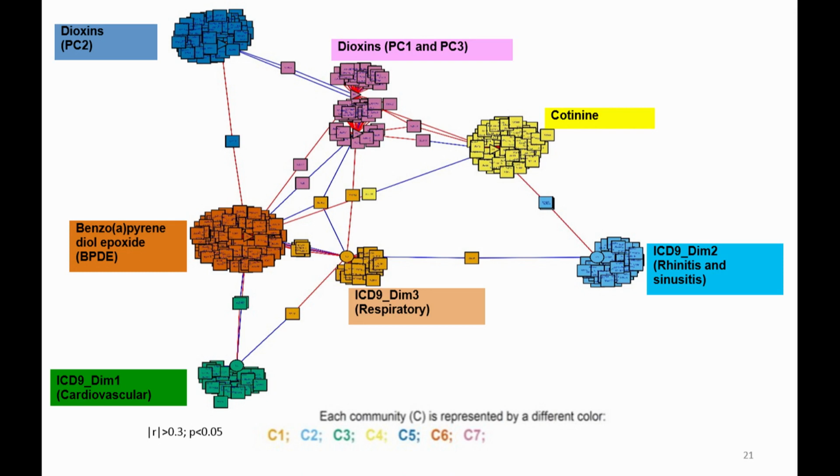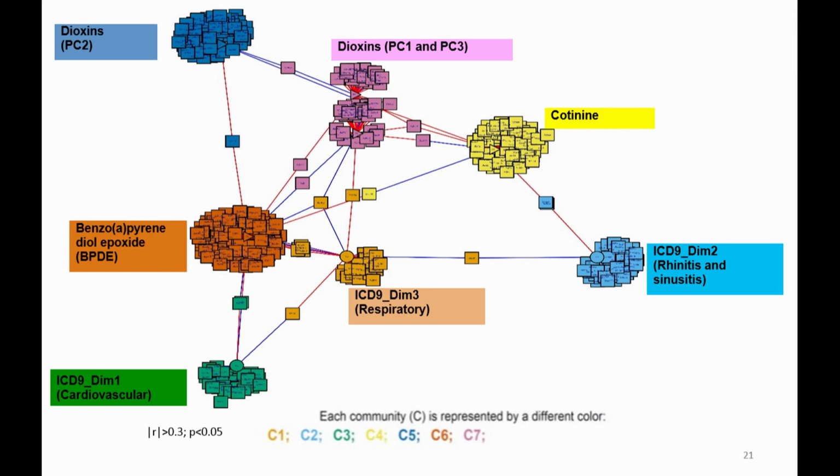So again, in an unsupervised fashion, we were able to identify these clusters of different heterogeneous data sets. So this is interesting, this is great, it's very impressive, but the question comes, so what? What does this tell us at the mechanism level?